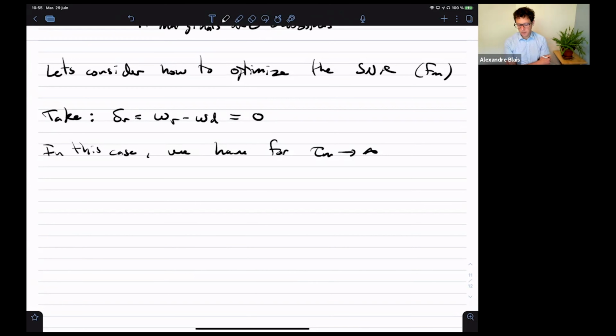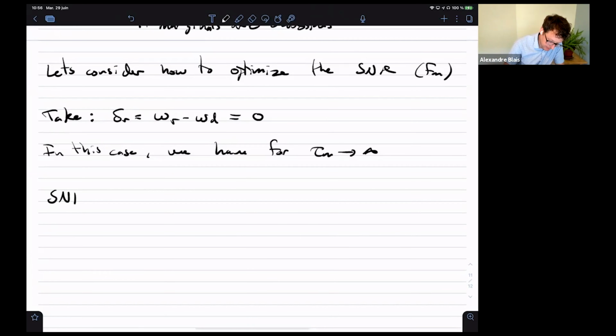You remember we wanted to optimize the fidelity or the SNR at short measurement times. So it's a bit weird to be looking at infinitely long measurement times, but still that will convey a lot of the essential intuition. So this is what I will take as an appropriate limit to get some intuition.